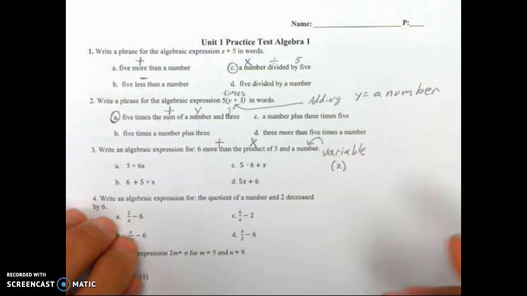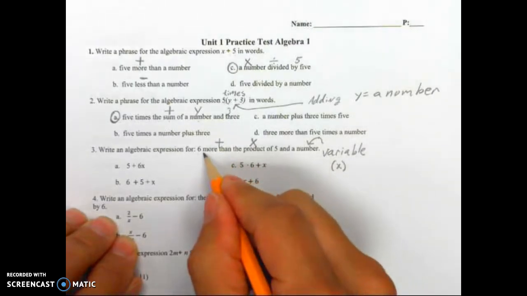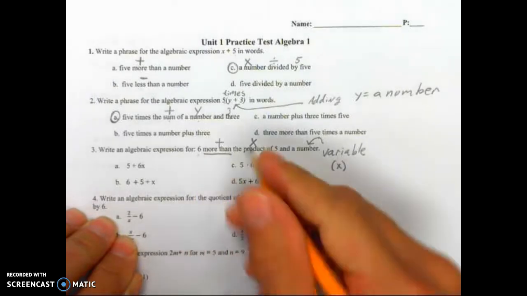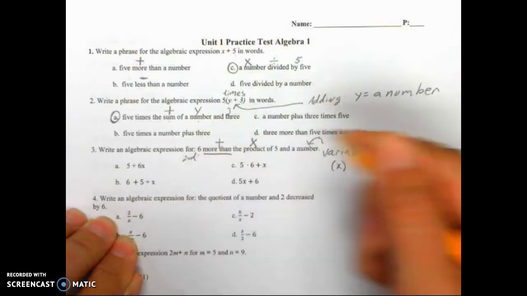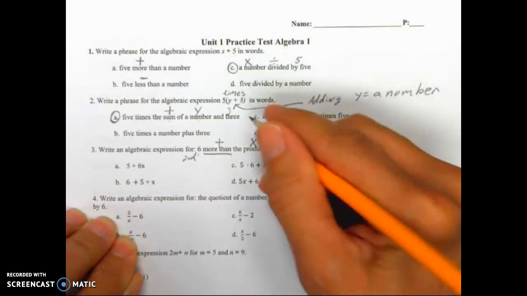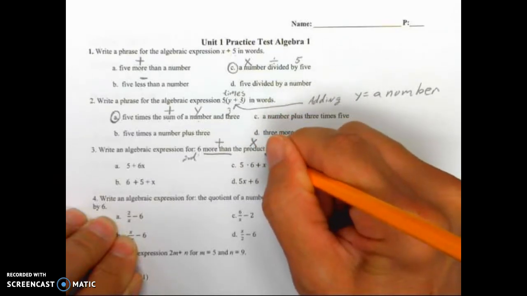Alright, so what I'm looking for, now the other thing is on more than, you want to put what is first second. So you want to put this second, and then put this first.